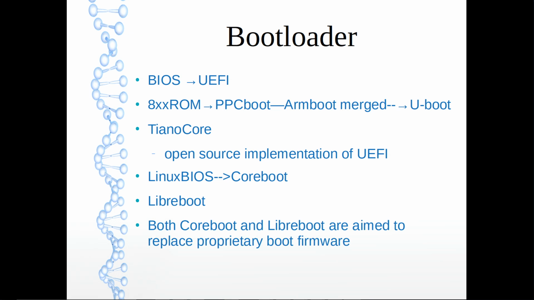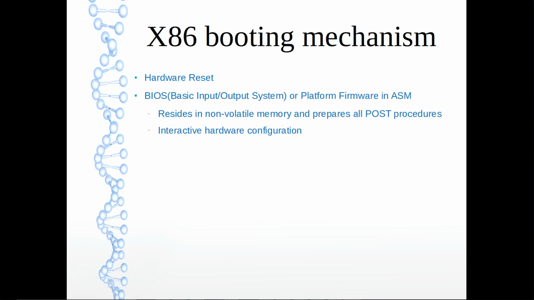So let's see the role of the bootloader here. Let's try to understand it from the x86 booting mechanism. When you reset the hardware, on power on reset, the first thing that runs is the platform firmware, the hardware platform firmware, which is generally written in assembly, or sometimes assembly and C, and now with UEFI.